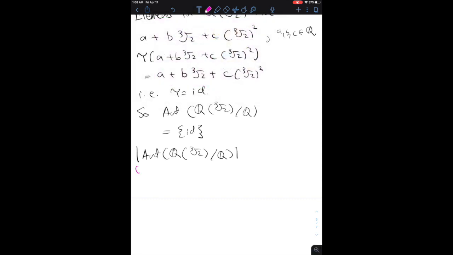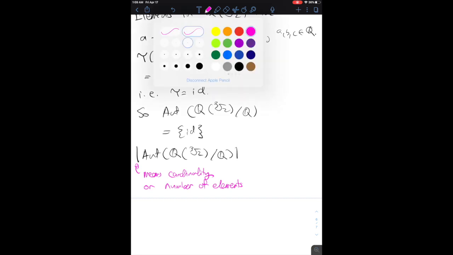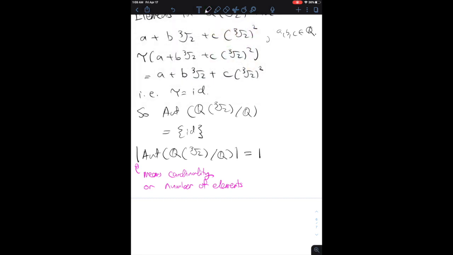So the number of elements, I should say this absolute value sign here, these two vertical lines, means cardinality or number of elements, just to spell that out.